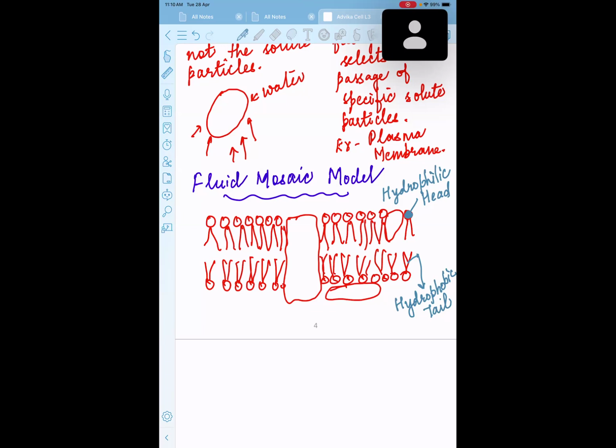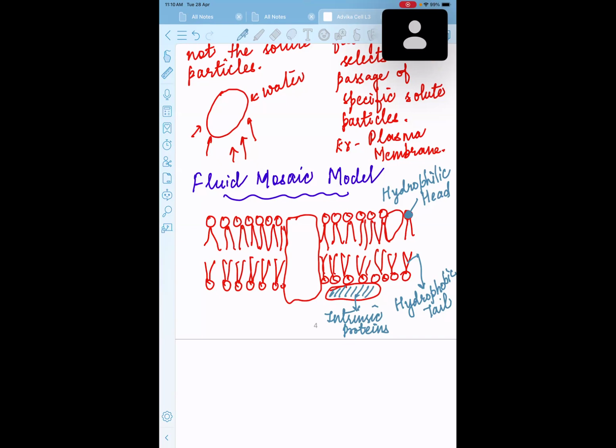Okay. Also, outside they have the protein which is called the intrinsic protein. What do these intrinsic proteins do? They help in the passing of substances. Whatever the hydrophilic head gives to the hydrophobic tail, they give to the next part, and ultimately it reaches the intrinsic protein, which gives it to the next part.